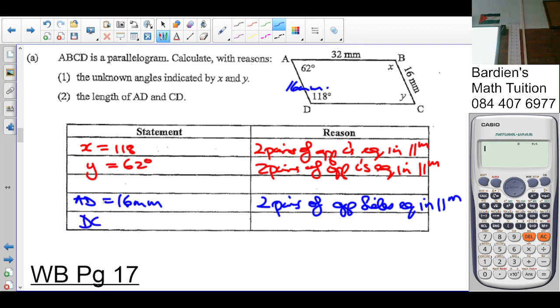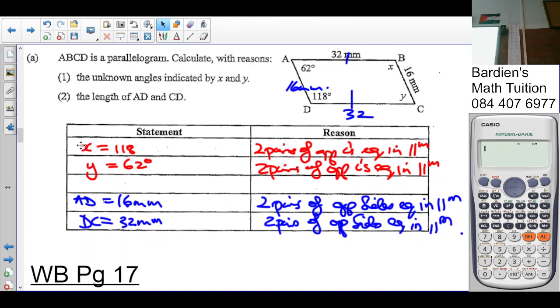Then DC, or CD, is equal to 32 millimeters. Why? Two pairs of opposite sides equal in parallelogram. Okay? You all understand? Right. Let's carry on.